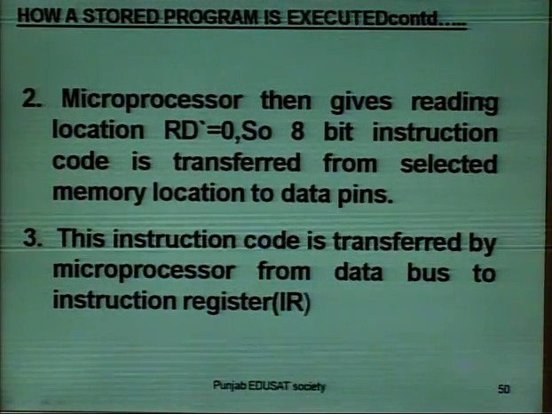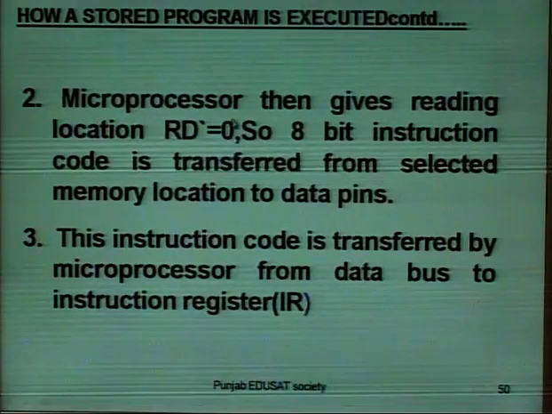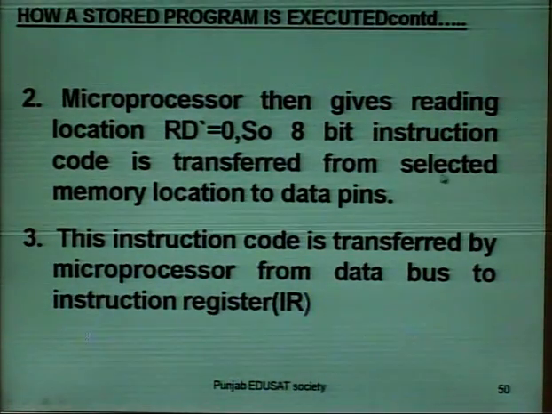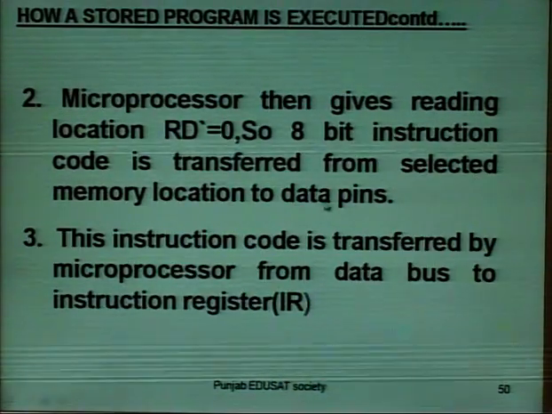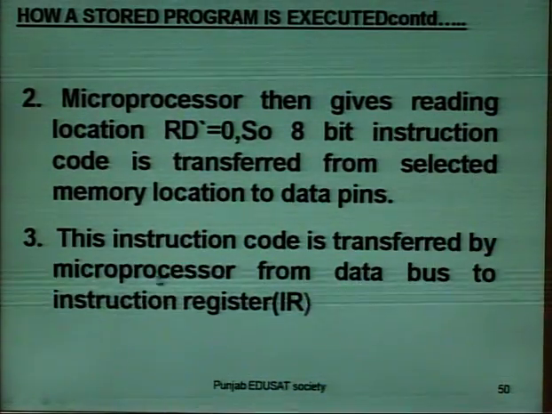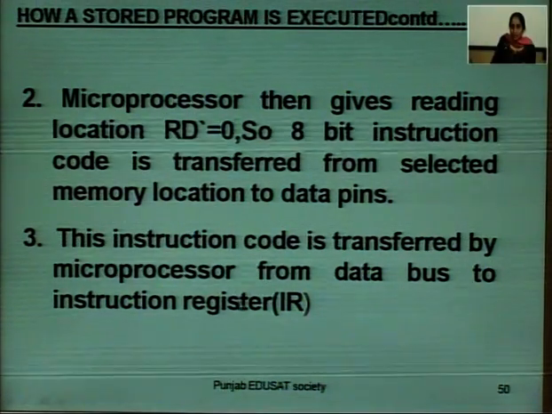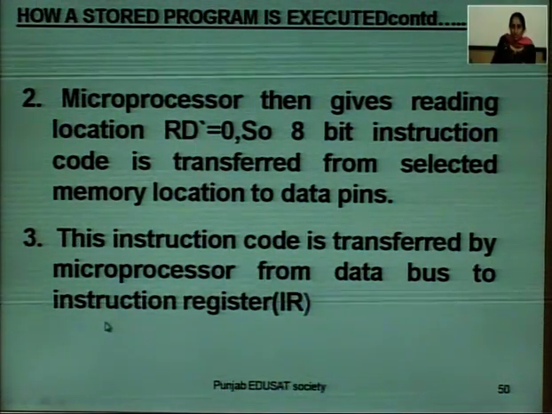The microprocessor then gives the read signal, read low. So, the 8-bit instruction code is transferred from the selected memory location to data pins. This instruction code is transferred by the microprocessor from the data bus to the instruction register.